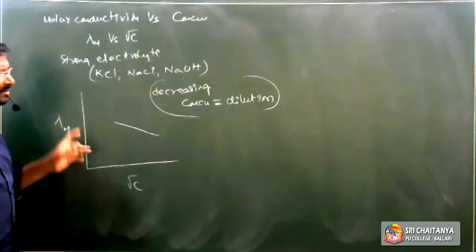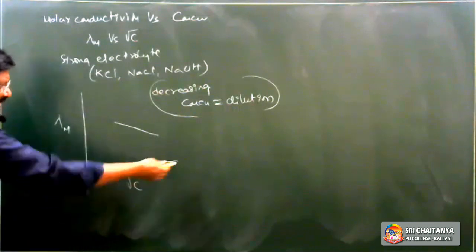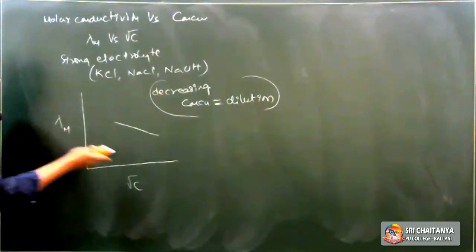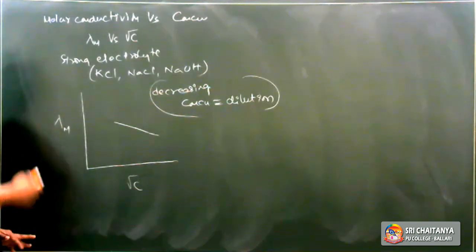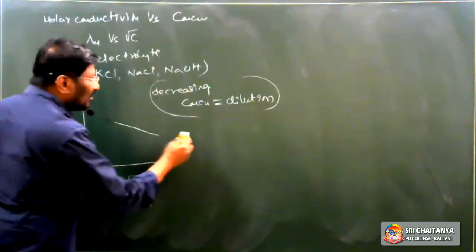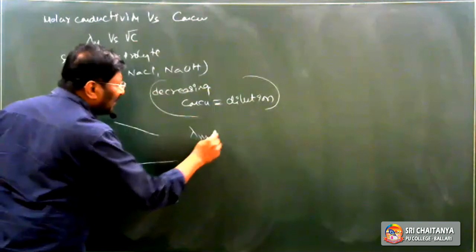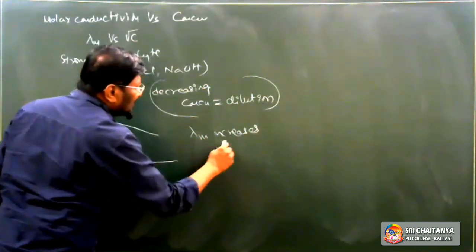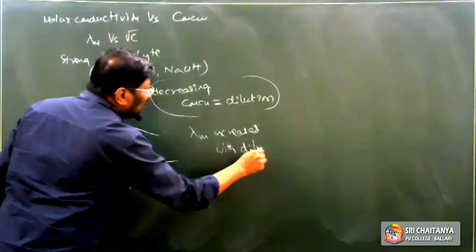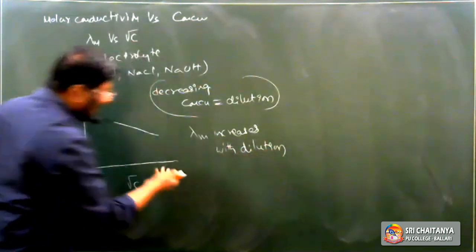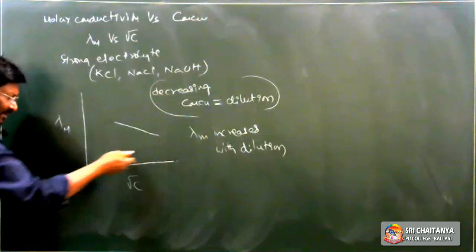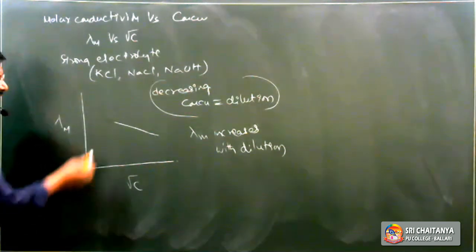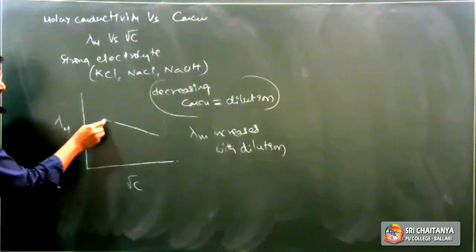So if you move like this, it is a dilution. With the dilution, lambda m is increasing. So lambda m increases with dilution.